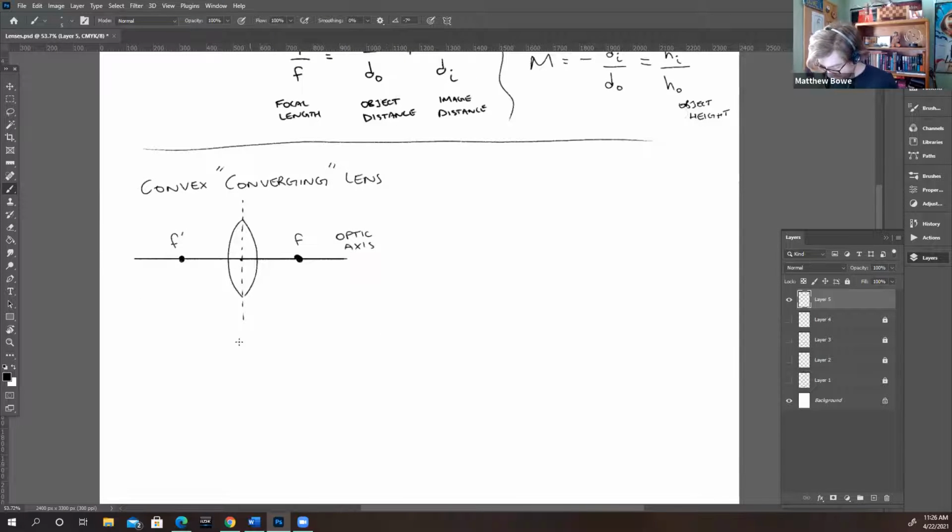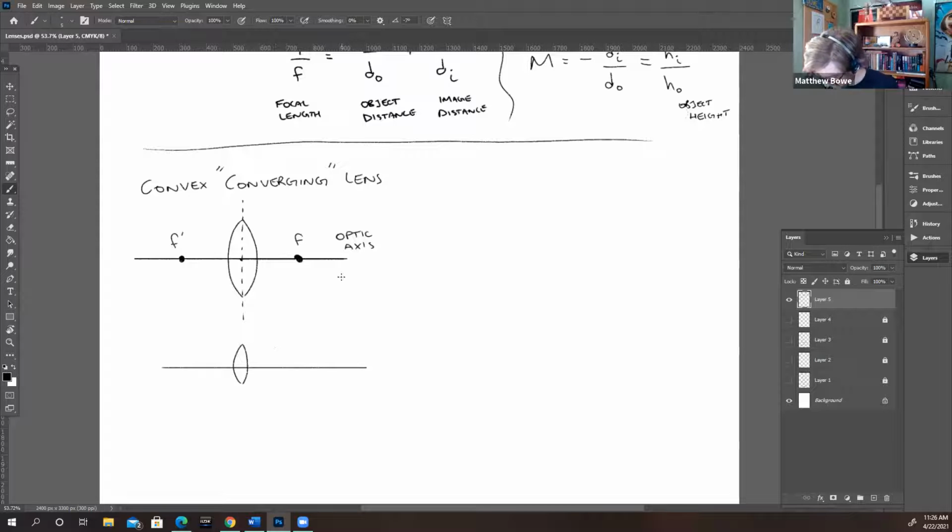Let me do just a tiny sketch of one. This is a converging lens. It's known to take light and converge it to a point.